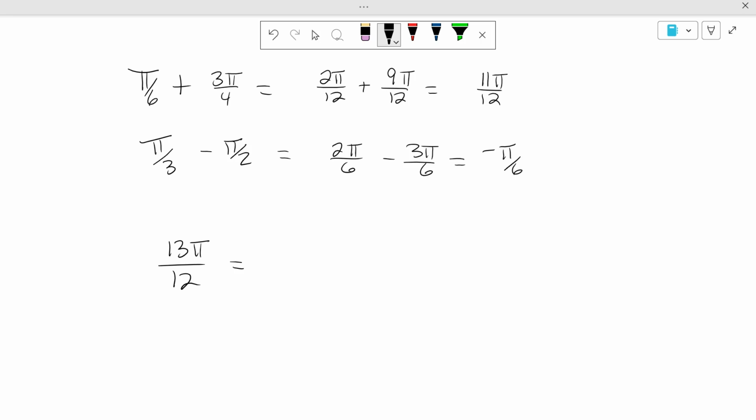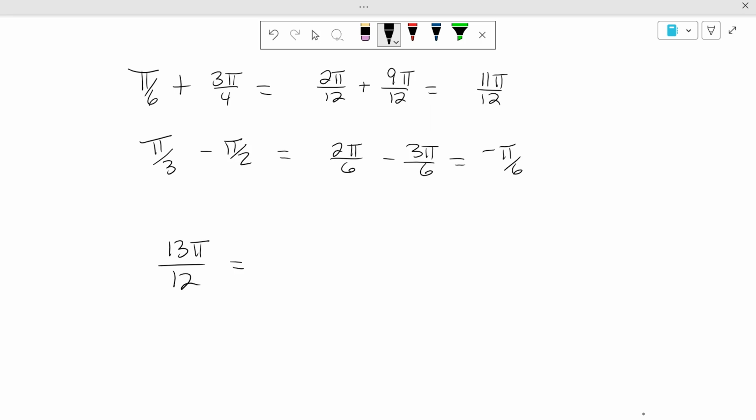You need something over 12 that reduces that'll add up to 13 pi over 12. So if I would use 6 pi over 12 and 7 pi over 12, could I use those? Because 6 and 7 add up to 13, right? Do both of them reduce? No, 7 pi over 12 doesn't reduce, so I can't use that.